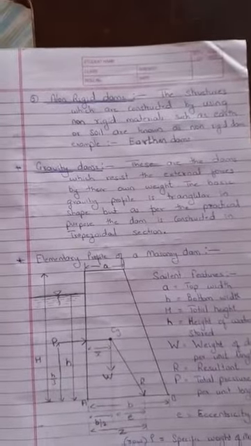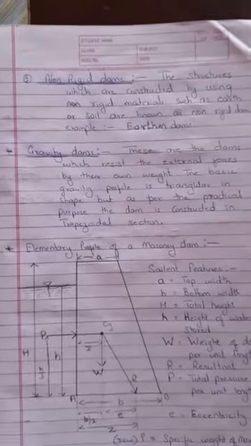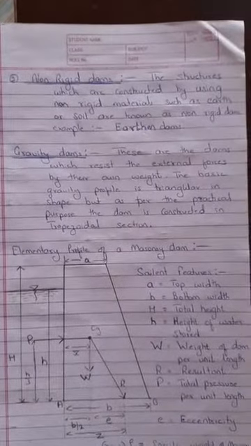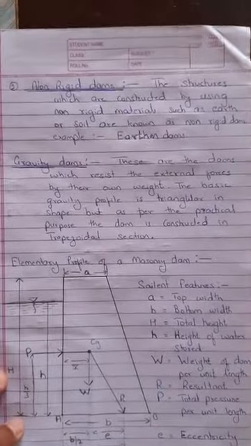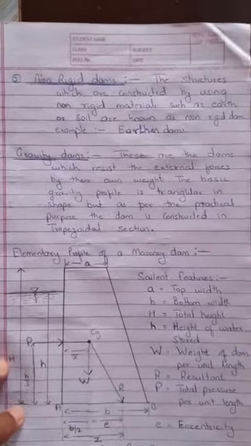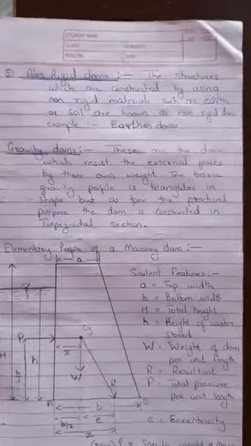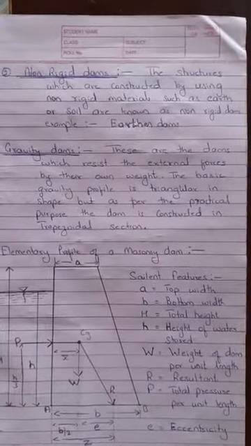Non-rigid dams are structures constructed by using non-rigid material, that is earth or soil. Why these are called non-rigid is that these dams will not provide 100% water storage. In these non-rigid dams there will be a certain percentage of leakage of water through the body of the dam.